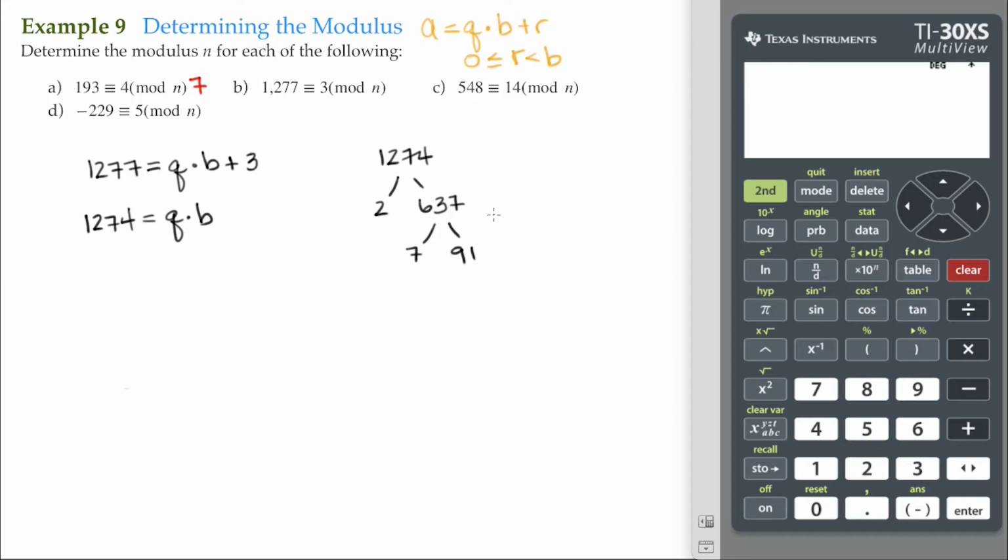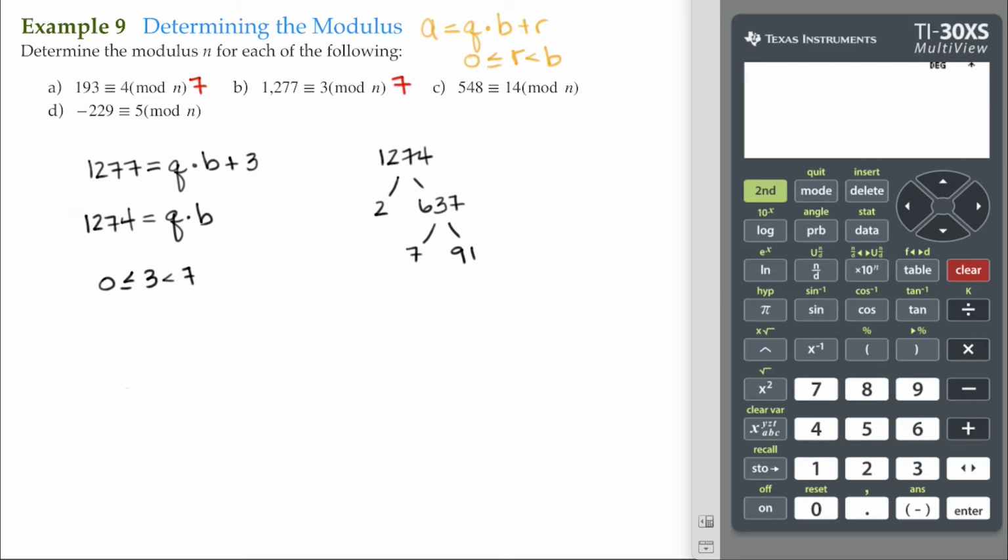So again, our remainder 3 is greater than or equal to 0, but it's got to be less than our modulus. And we want the smallest modulus possible. Well, it can't be 2 because 2 is not less than 3, so it's got to be 7. And there we go. 7.